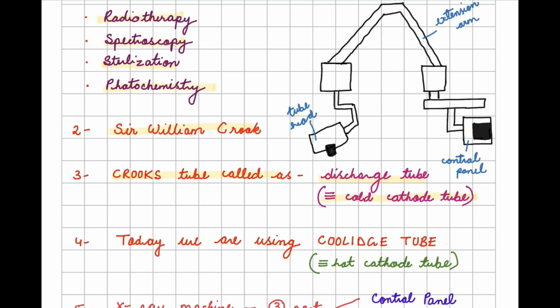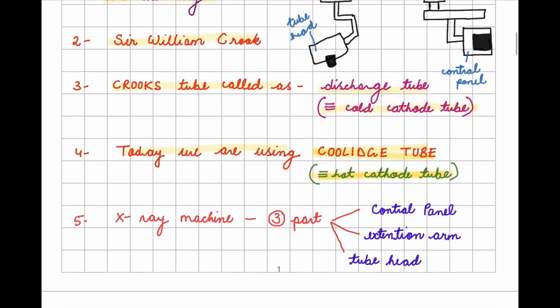Now the next question was, what kind of tube we are using today? So nowadays we are using Coolidge tube, and this is called hot cathode tube. Okay. Now the next question was parts of X-ray machine. So X-ray machine basically has three parts.